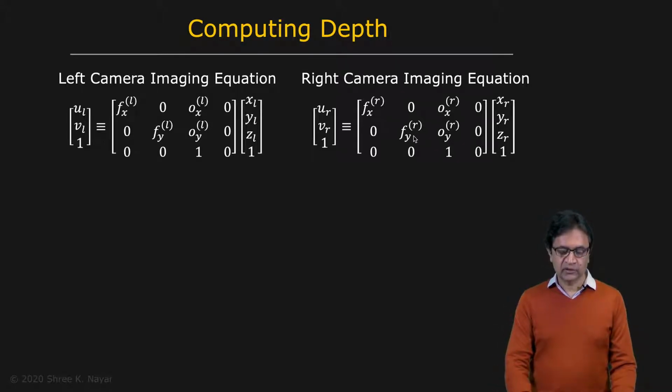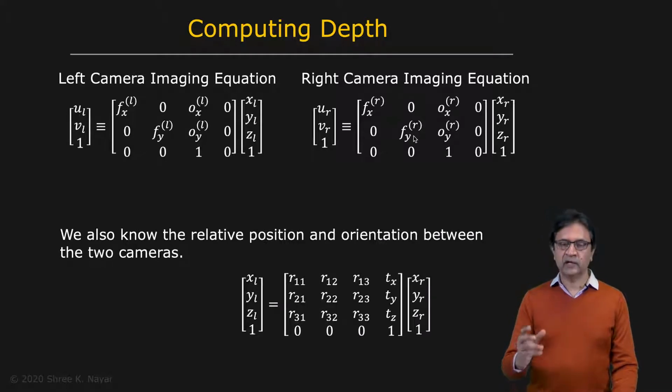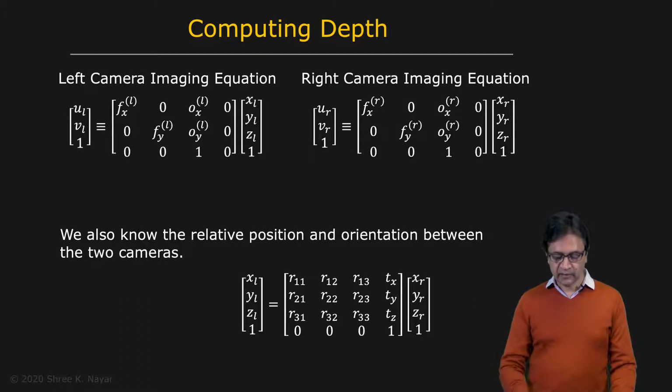So those are two equations, but we have one more constraint here, which is, remember that we have calibrated our stereo system so we know the translation and rotation between the left and right cameras. So that gives us a coordinate transformation, 3D to 3D, from the right camera coordinate frame to the left camera coordinate frame. So that again gives you a relationship between XR and XL through the known rotation matrix and translation vector.